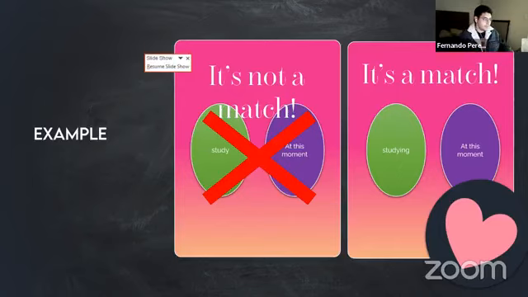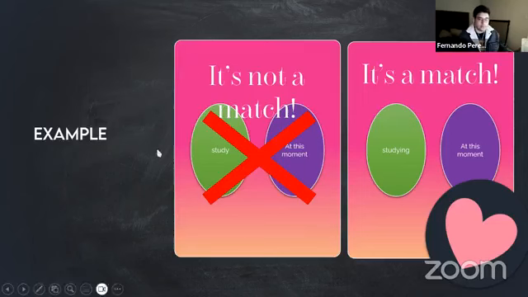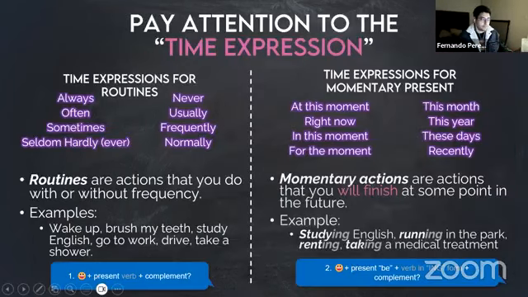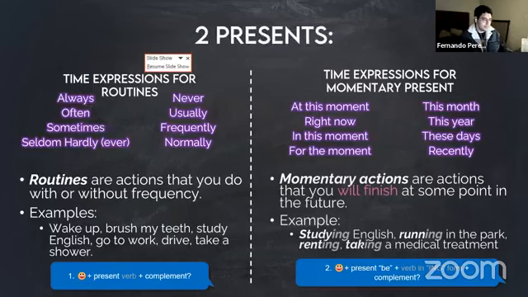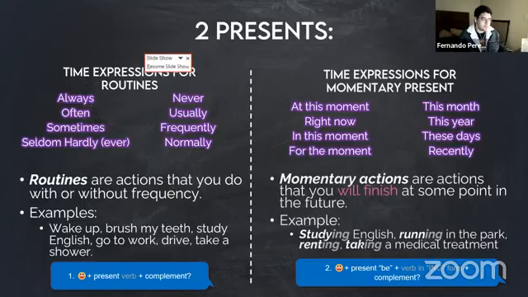Take a note on these expressions. Two presents. Time expressions for routines can be like wake up, brush my teeth, study, go to work, etc. Drive to work, take a shower.